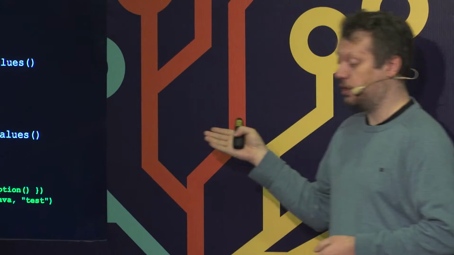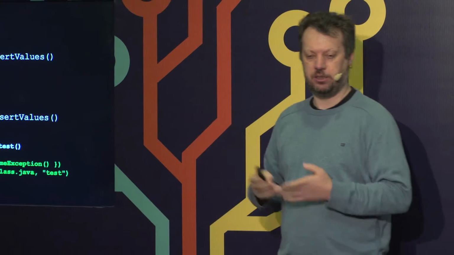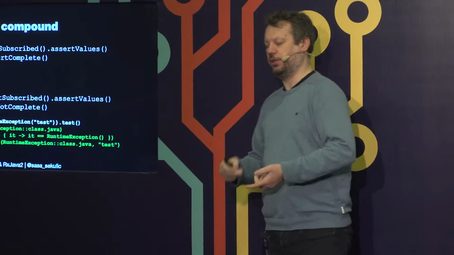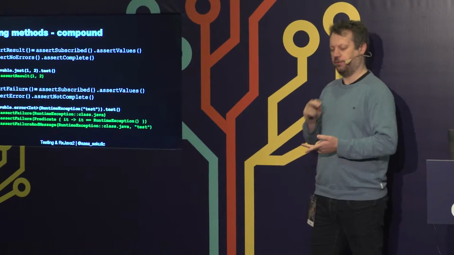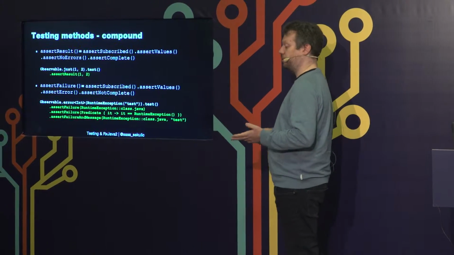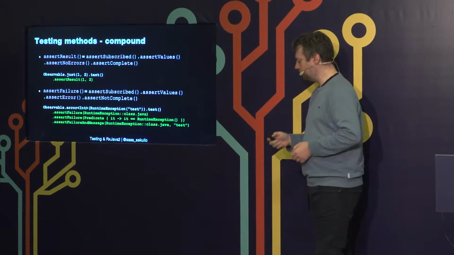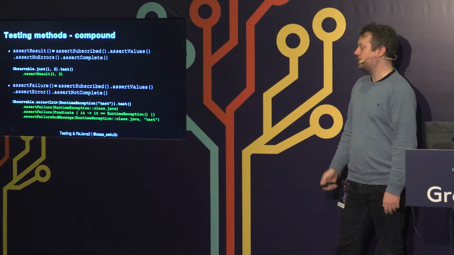You can do the same thing with assertFailure. Basically it means it was subscribed, it got values, then it got the error, and then it wasn't completed. And assertFailure follows the same pattern as assertError, which means again you can test for a message, you can test for the predicate, you can test for specific values. It's very simple to test now.